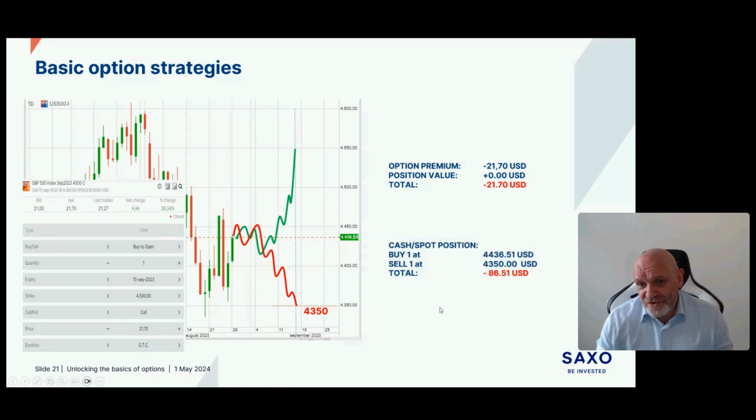If we were to speculate or invest on the cash position or the spot position in the case of an index or a forex pair, there you would actually lose the difference between where you bought it and where you sold it, and that can be much bigger than you anticipate. Because people tend to hang on to their stock sometimes. You can say, yeah, but you can set a stop loss. True, completely true. And I hope most people do that.